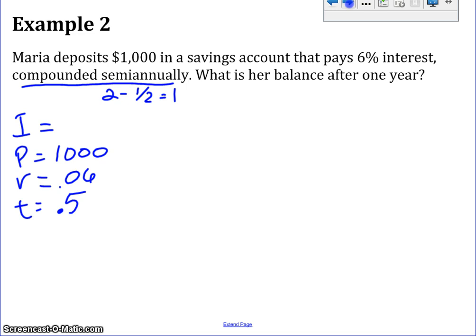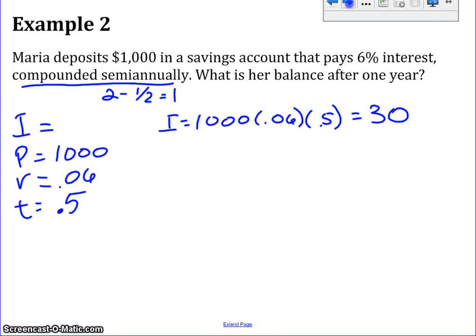If it's compounded semi-annually and we're using the simple interest formula, we need to check it each time it compounds. So I equals 1,000 times 0.06 times 0.5, which is that half of a year. When I multiply all that out, I get $30.